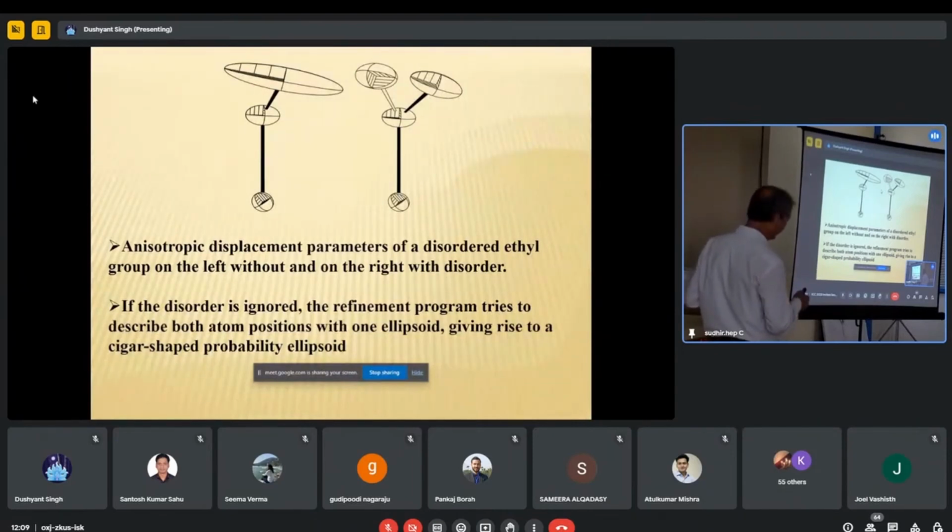So giving rise to this, if the disorder is ignored, the refinement program tries to describe both atom positions with one ellipsoid, and you can see from here it gives rise to a cigar-shaped probability ellipsoid. It is not an ellipse, it is a cigar shape. So this is the first-hand information from the ORTEP diagram itself that your structure is showing some kind of disorder.